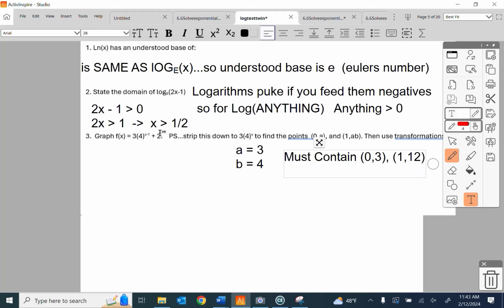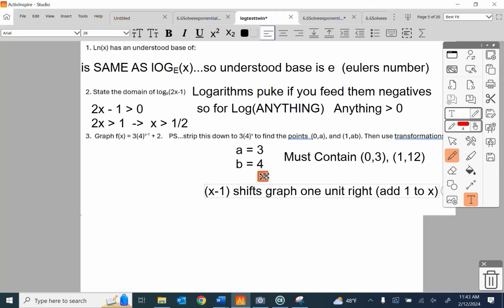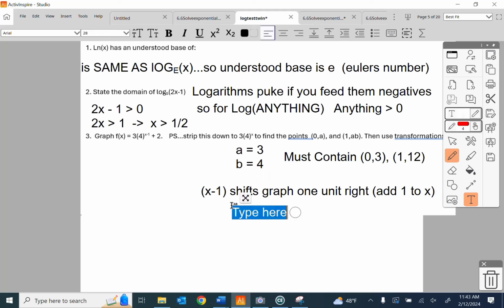Now I'm going to do my transformations here. That x minus 1 is a transformation. x minus 1 shifts the graph 1 unit right, which means I add 1 to x. So now because of the shift, I'm (1, 3) and (2, 12).